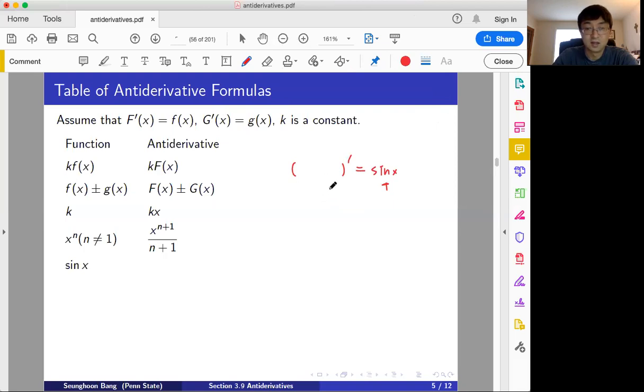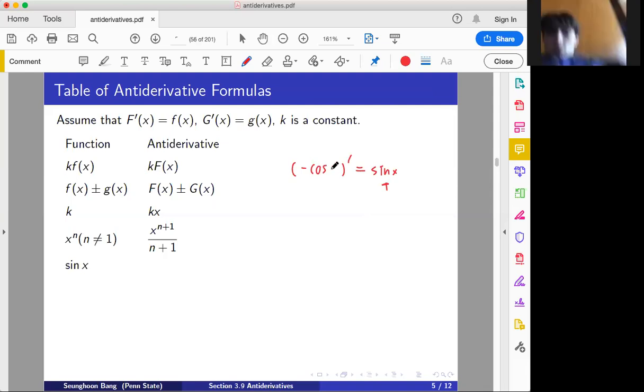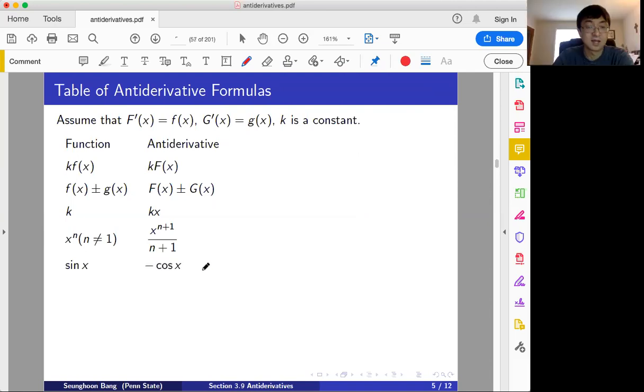Yes, cosine. Negative cosine of x prime is sine of x. So we have negative cosine of x. This is the answer.